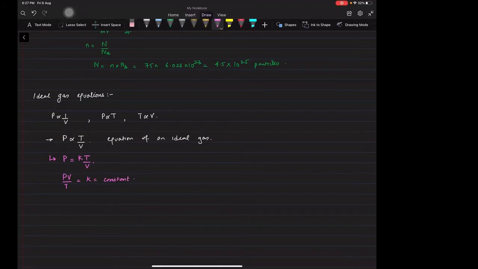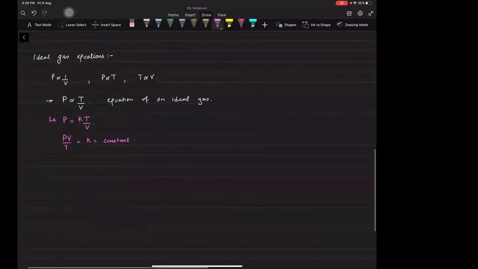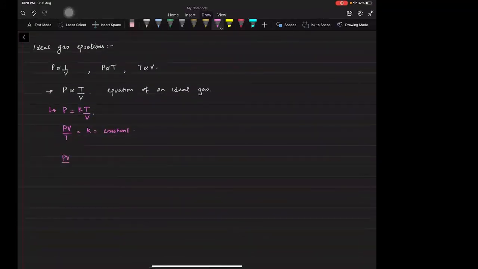और ये constant क्या है? ये मजेदार बात है, because you need to understand that in chemistry we learned that this constant is equal to number of moles times R. Now what is this? So अभी हम यहाँ लिखते हैं, n is the moles, R is the molar gas constant.